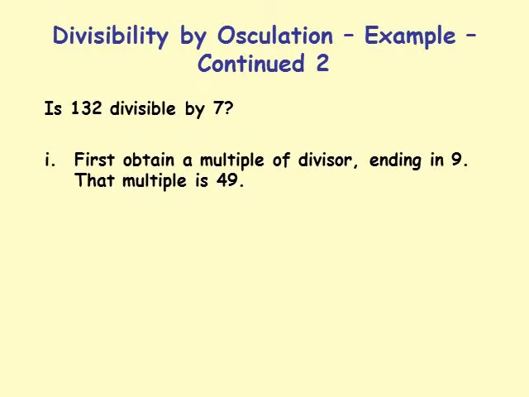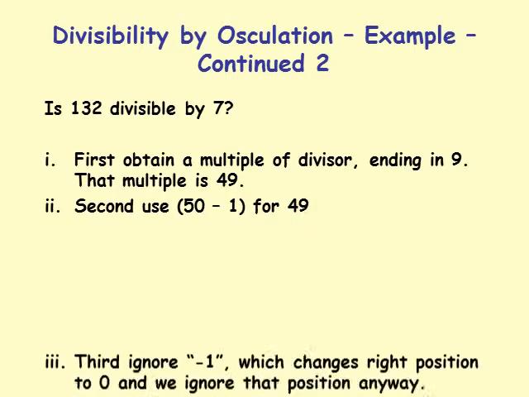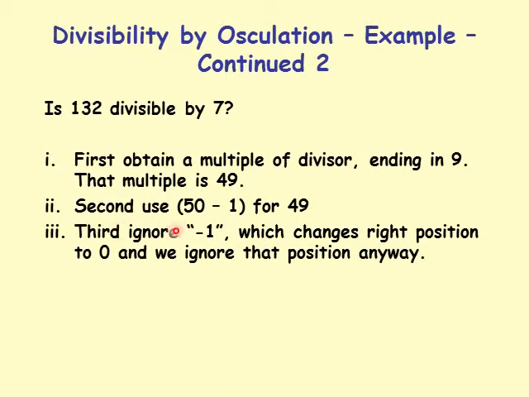Let's reiterate and stress. First, obtain a multiple of the divisor ending in 9. That multiple is 49 for a divisor of 7. Second, use 50 minus 1 for 49, by addition and subtraction. Third, ignore this minus 1, which changes the right position to 0, and we ignore that position anyway.